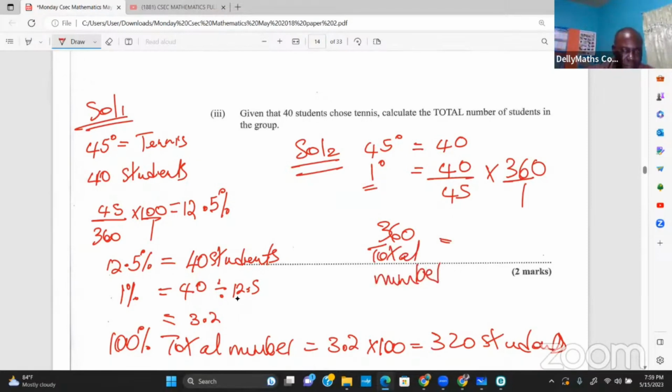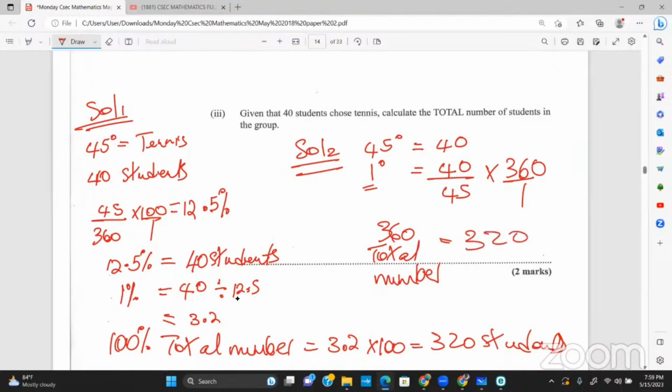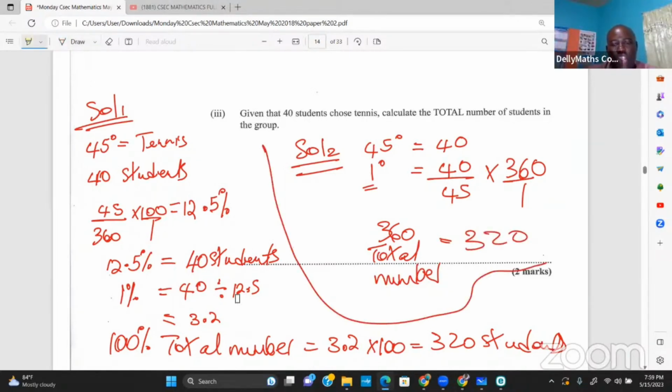Try that: 40 divided by 45 times 360, and I'm getting the same answer. In the exam, you will have multiple ways. I am not here to tell you what to do. Work on it based on how you feel, but there are a number of approaches you could get there. Get there if you can.